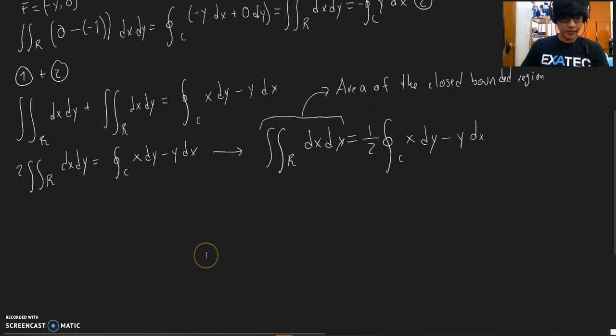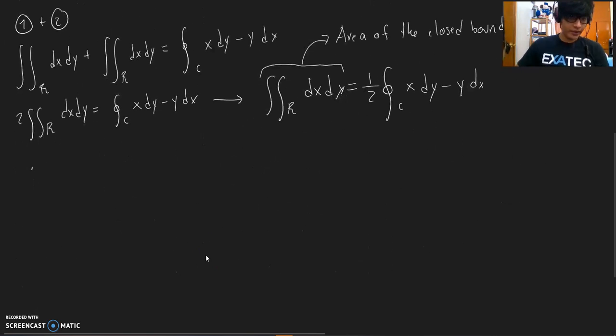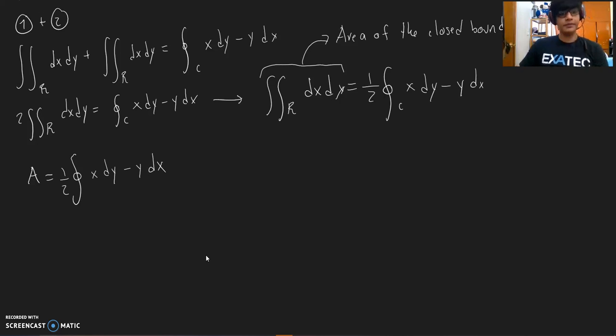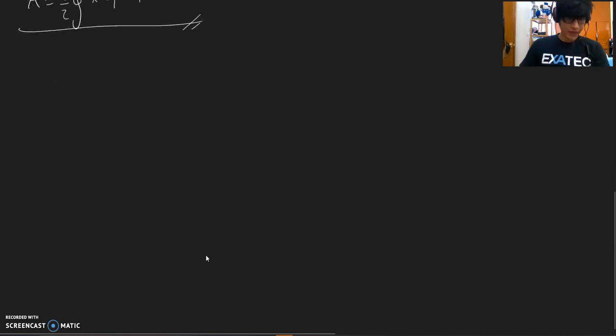Then we can obtain a formula for calculating the area of a closed bounded region, given as this, only using a line integral of x dy minus y dx. But also, we can do this using polar coordinates.